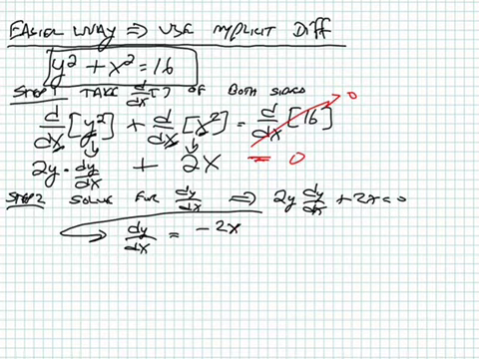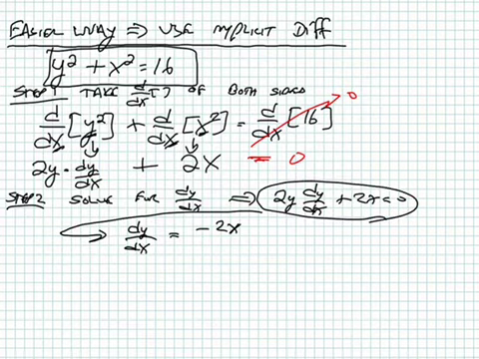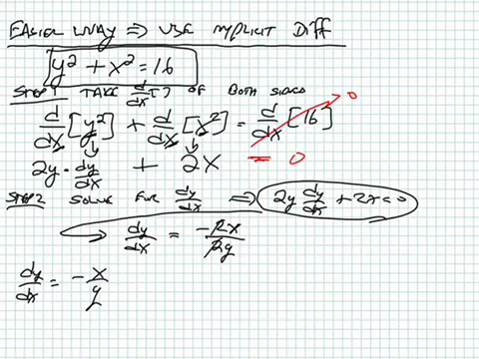Okay, so there was an error before. I'm not sure where it left off, but it kicked me out. I'm back. All right, so I'm solving for dy dx. I'm going to subtract 2x from both sides, divide by 2y. And then the 2's cancel. So I get dy dx is equal to minus x over y.